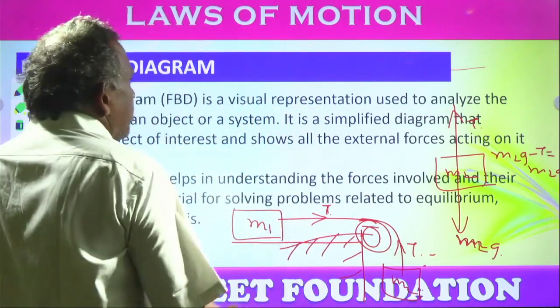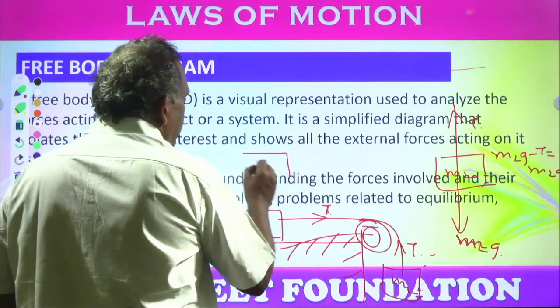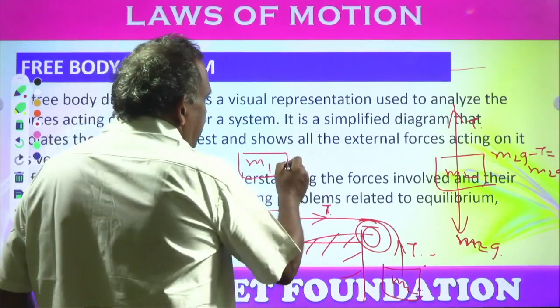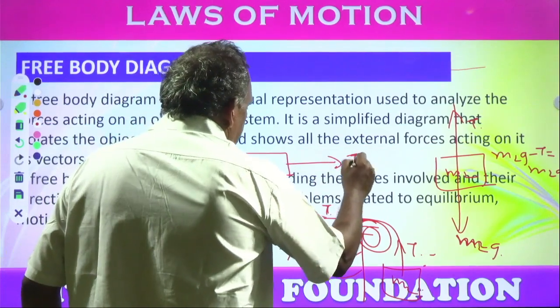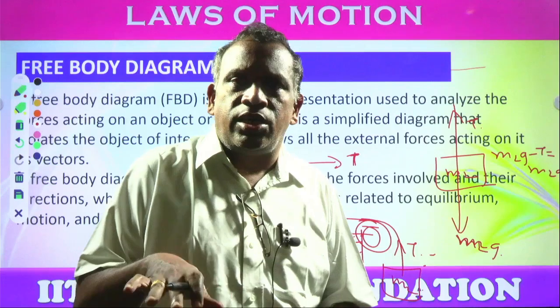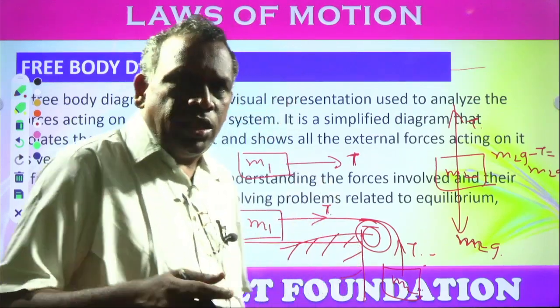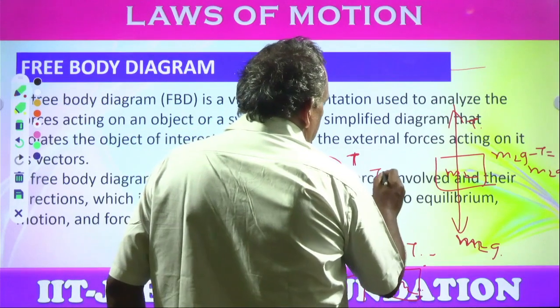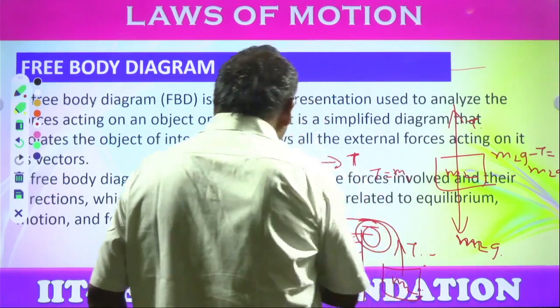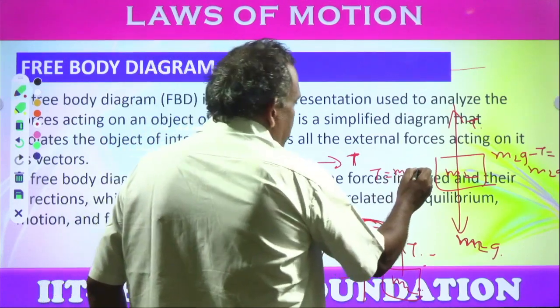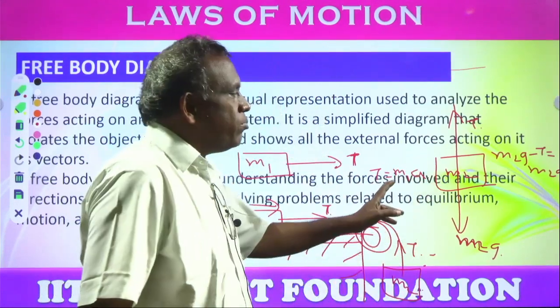Similarly, for the horizontal object, take M1. M1 is the horizontal object. Here tension T is acting, but there is no net vertical force here because it is lying on the horizontal surface. So you can write the equation T is equal to M1a, because only the tension is going to accelerate this mass.